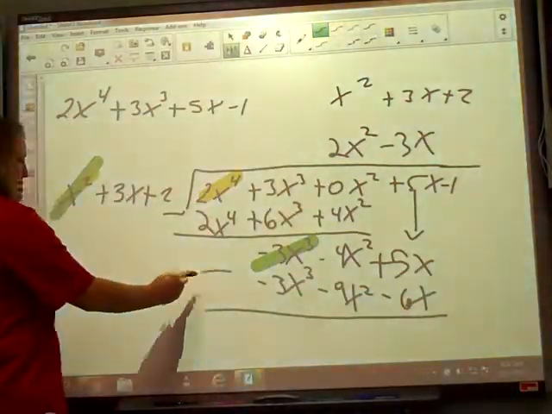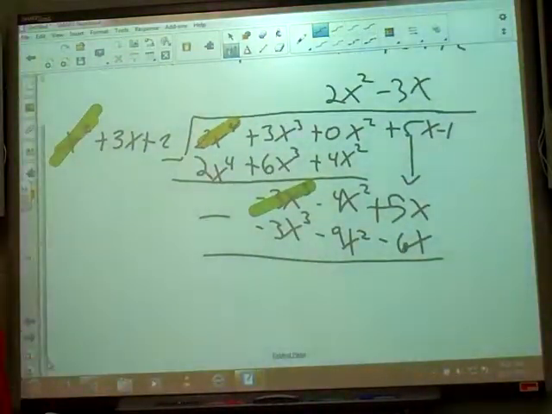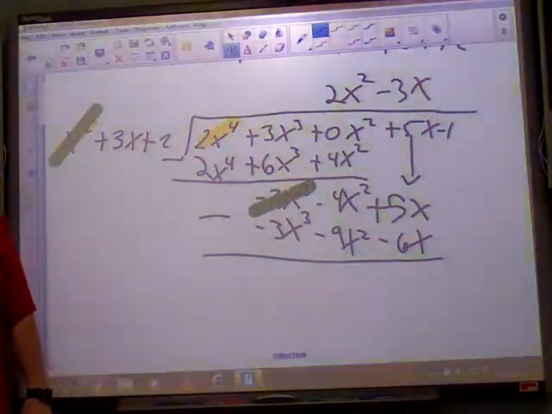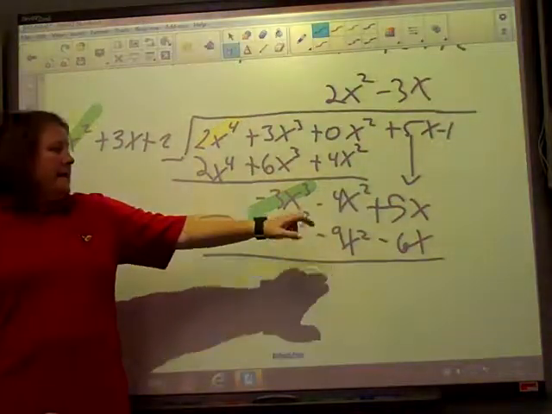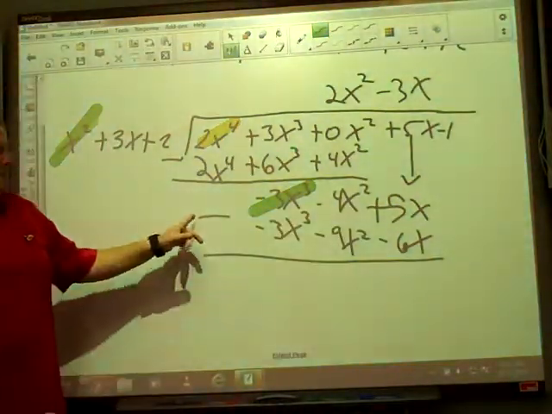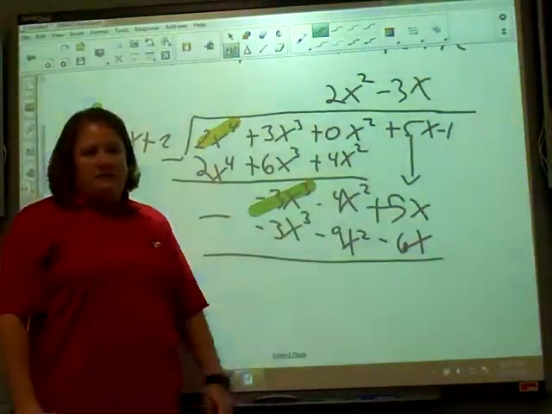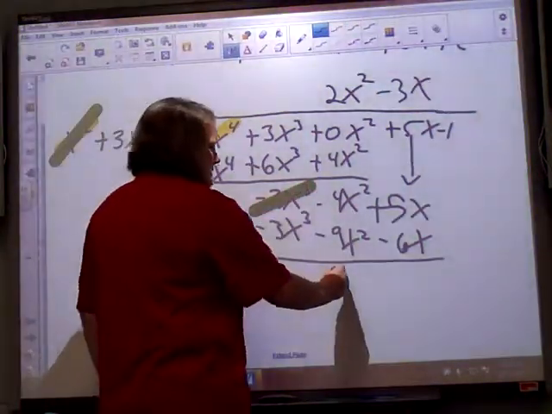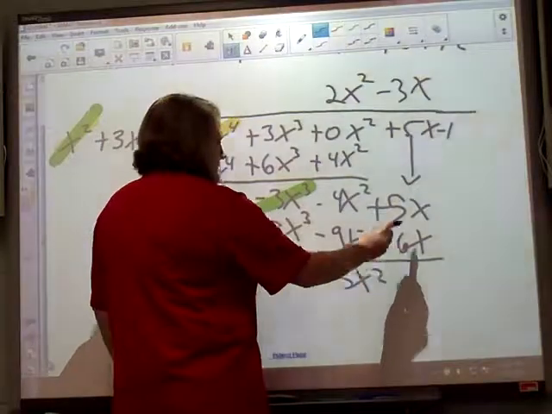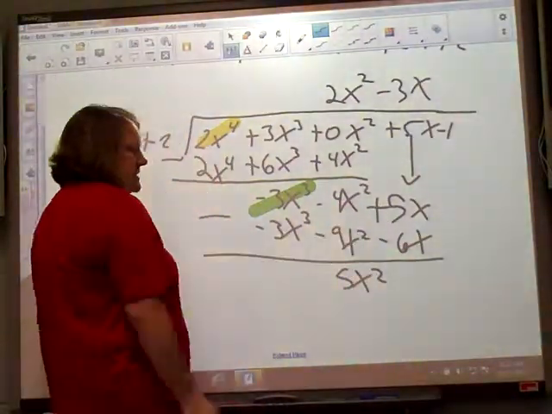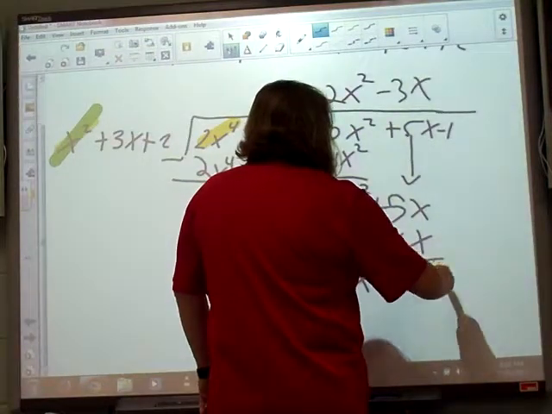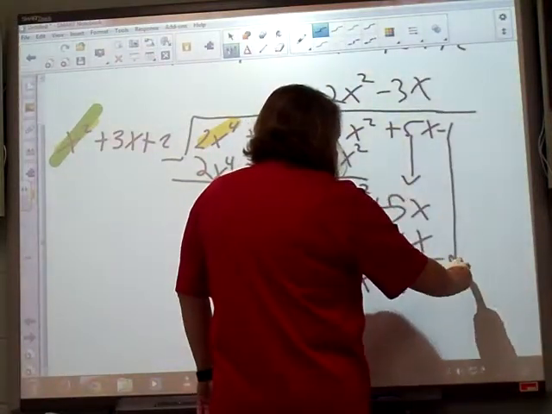Now you have to subtract. Negative 3x cubed minus negative 3x cubed is nothing. Be careful with your signs here. Negative 4x squared minus negative 9x squared is 5x squared, good. 5x minus negative 6x is positive 11x. And bring down that last term.